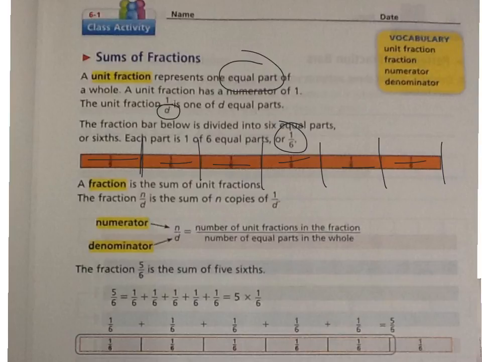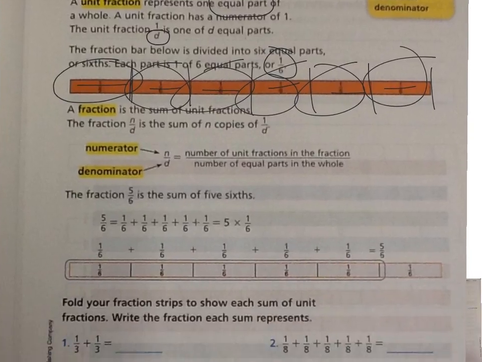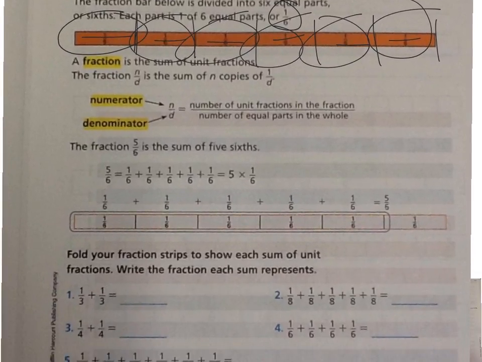So a fraction is the sum of unit fractions. The fraction n over d is the sum of n copies of 1 over d. It's a sum of n copies. 1 copy, 2, 3, 4, 5, 6. So, n is the numerator. The numerator is the number of unit fractions in the fraction.